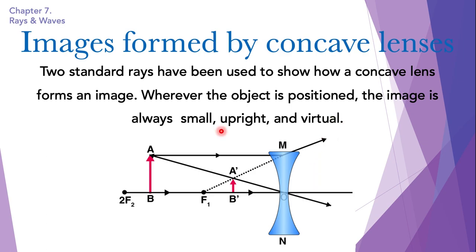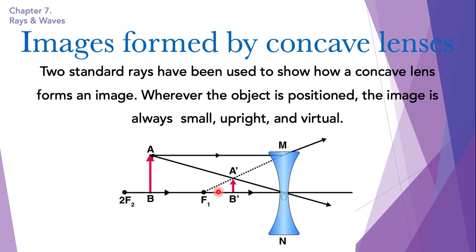So a convex lens is different from a concave lens. When a convex lens forms a virtual image, the virtual image is always magnified because it only forms when the distance of the object from the lens is less than the focal length. Because of that, the rays from the object never converge, and that is how a virtual image is formed.